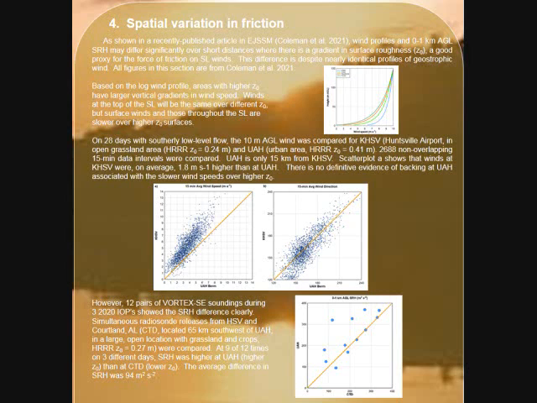However, we looked at 12 pairs of simultaneous VORTEX-Southeast soundings during 3 2020 IOPs, one of those actually was in 2021. That's an error there. They show the difference clearly between a site at Cortland, which is located 65 kilometers southwest of UAH, and its HRRR roughness length is 0.27, compared to that urban roughness length at UAH of 0.41.